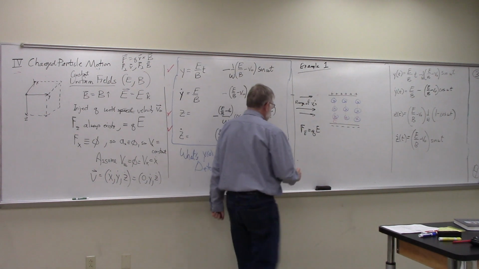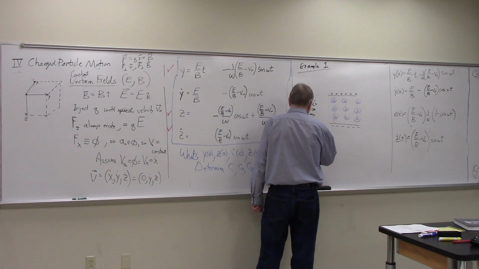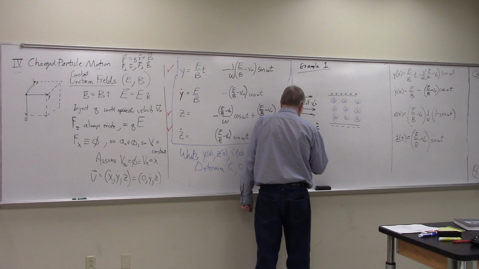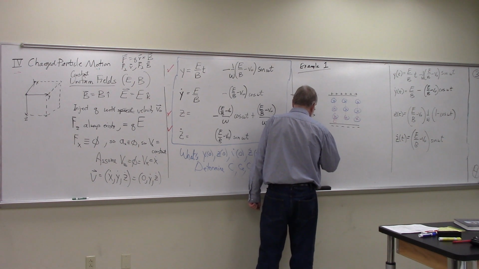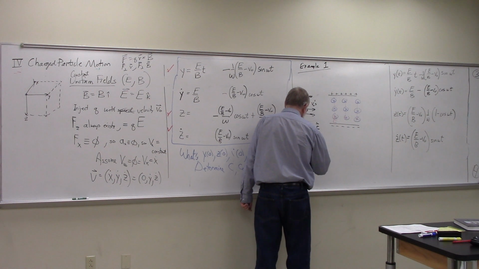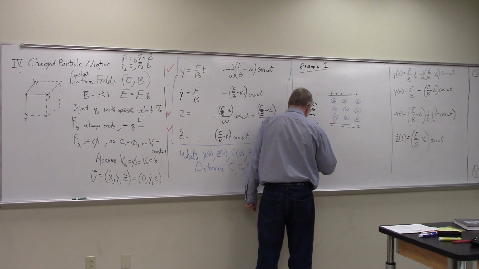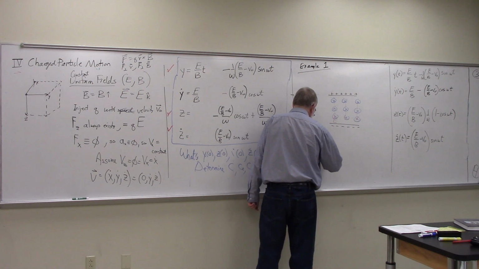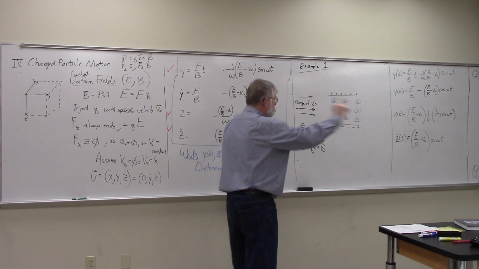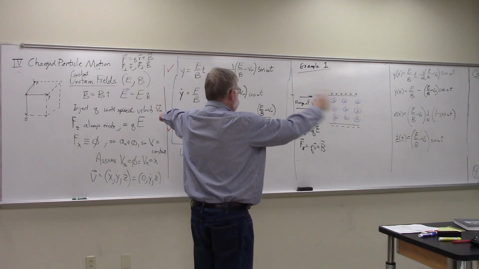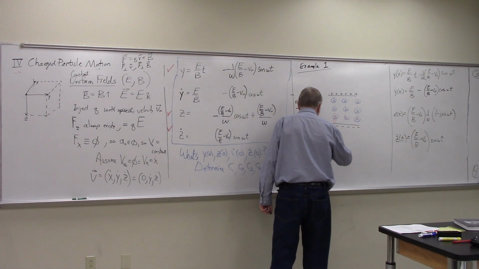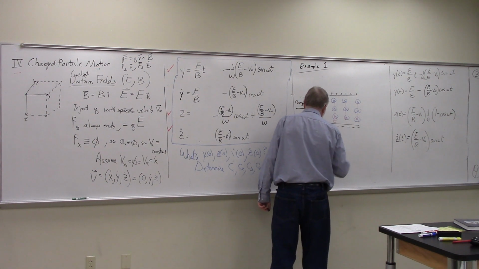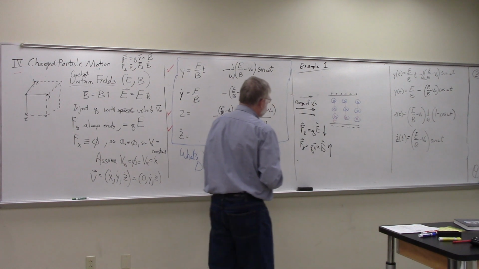Okay. There's also going to be a magnetic force. V cross B, it's an upward force, so there's going to be an upward force due to the magnetic field.